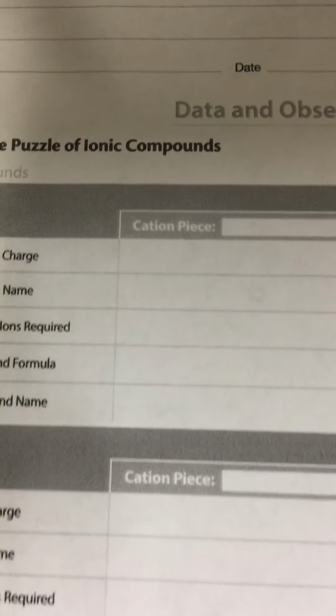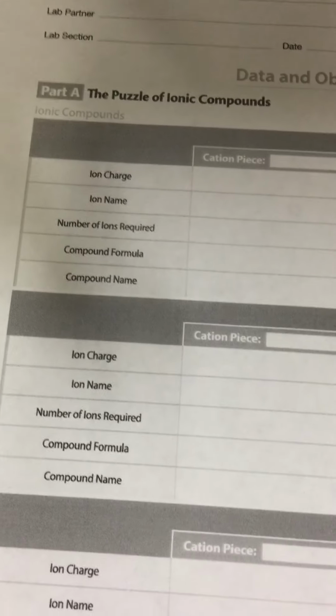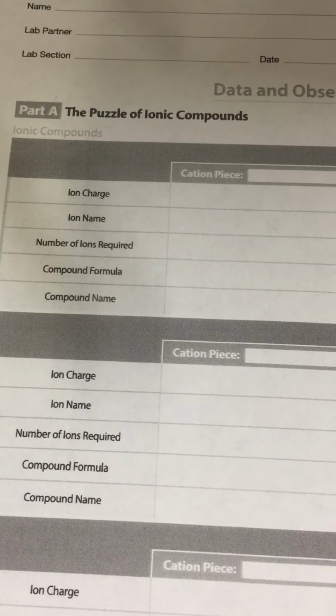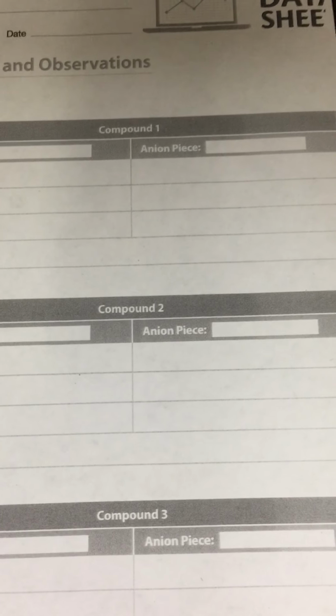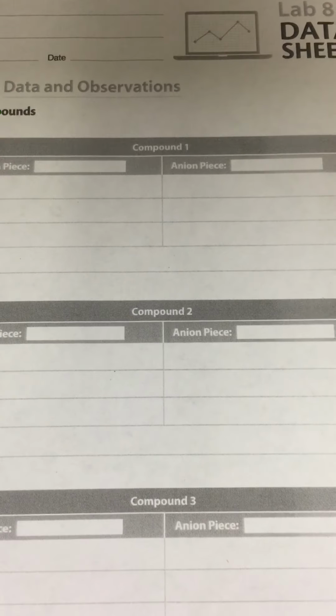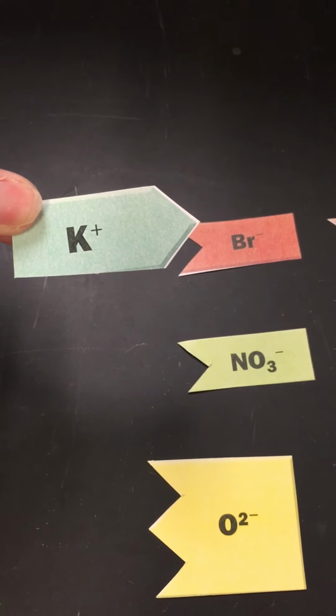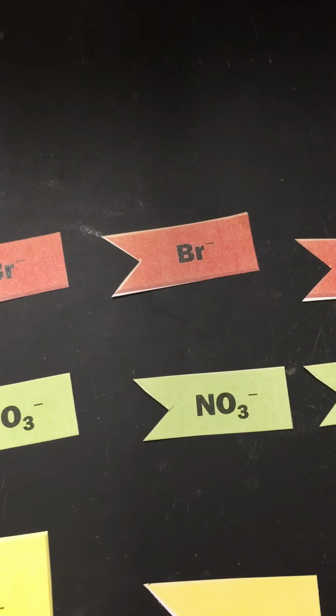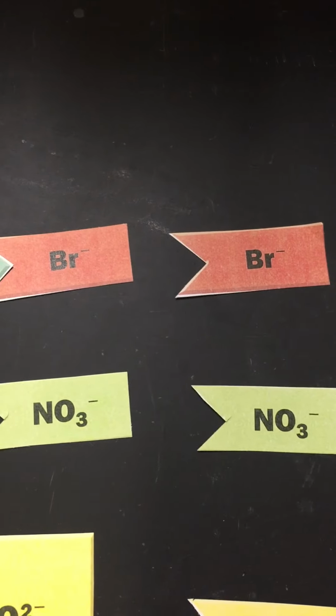If you look at your data table, you want to figure out all 16 combinations of cations and anions, so compound 1, compound 2, compound 3, and compound 4. Just to keep things organized, I would suggest you take the potassium cation and try to build a puzzle with a bromide anion.